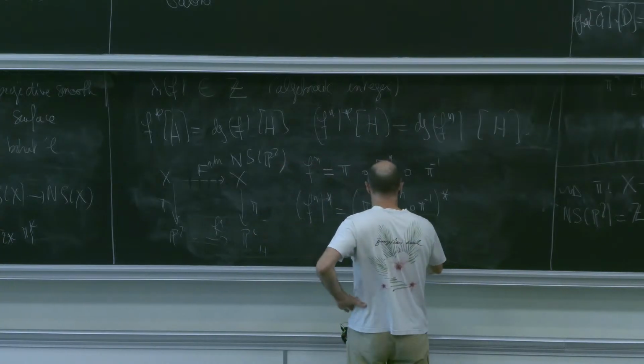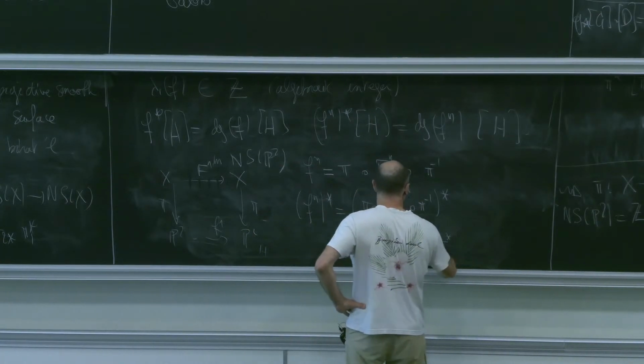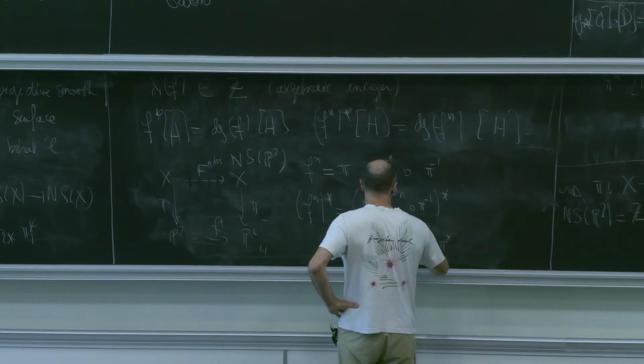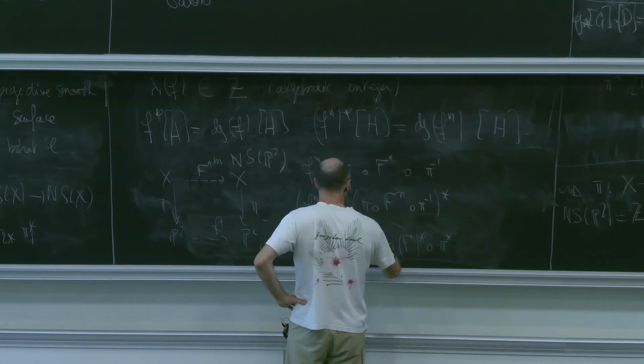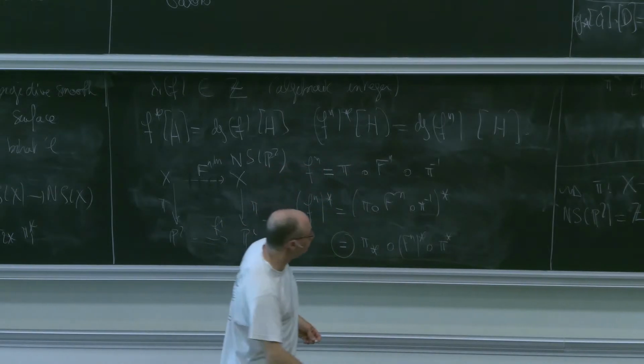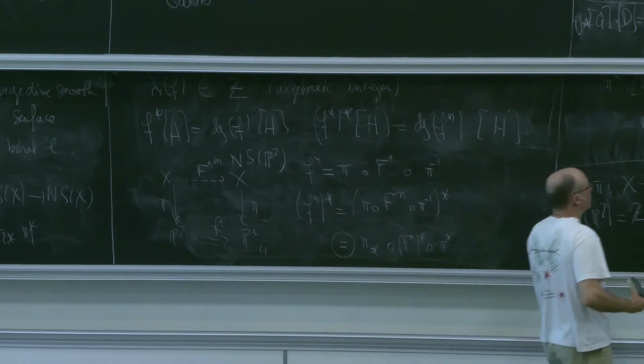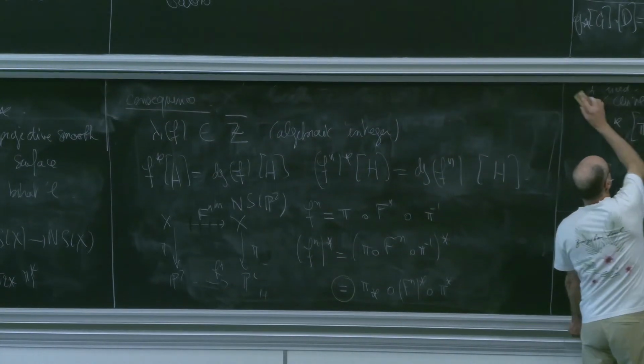So this is pi upper star composed with F^n upper star composed with pi^-1 upper star, which is pi lower star. I'll explain this a little bit later.